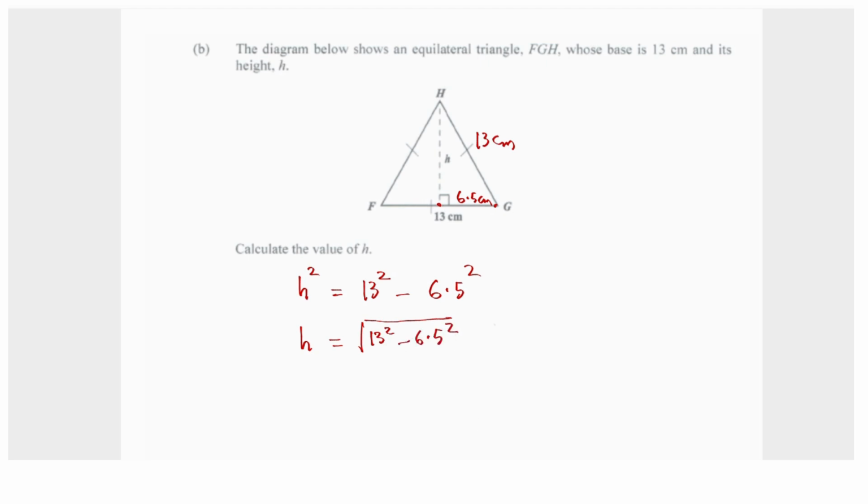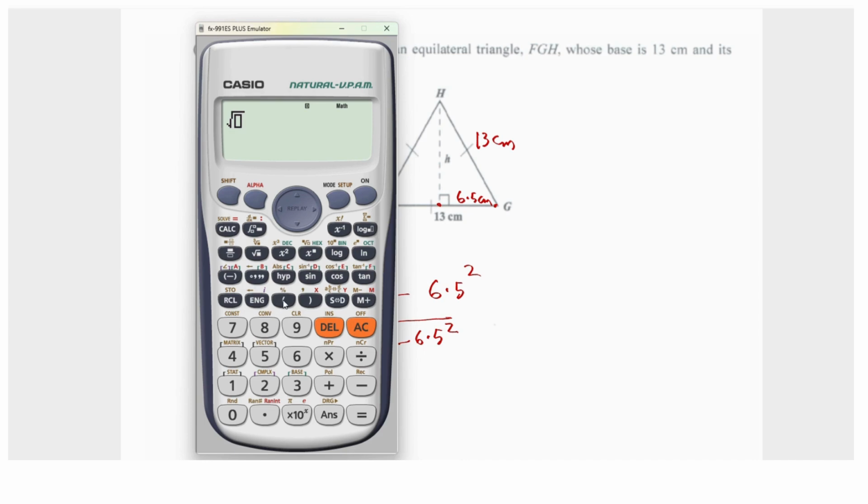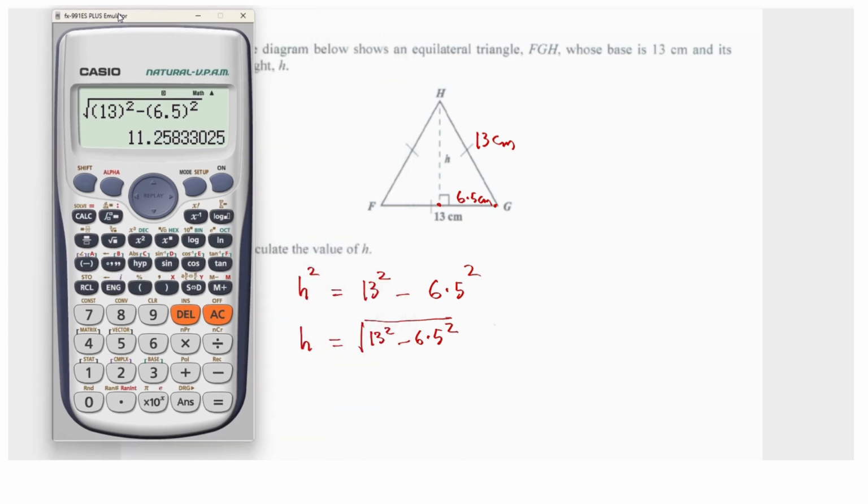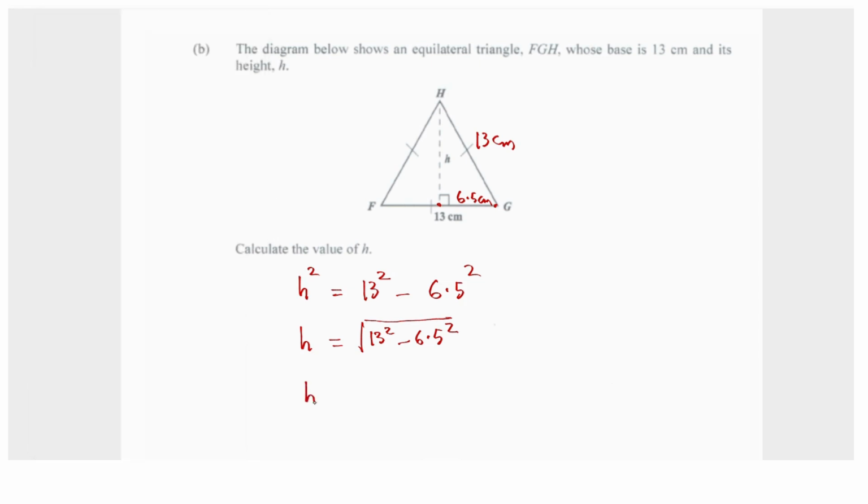Let's use our calculator to work this out. 13 squared minus 6.5 squared, so that gives 11.3 centimeters to 1 decimal place, so h equals 11.3 centimeters. One decimal place.